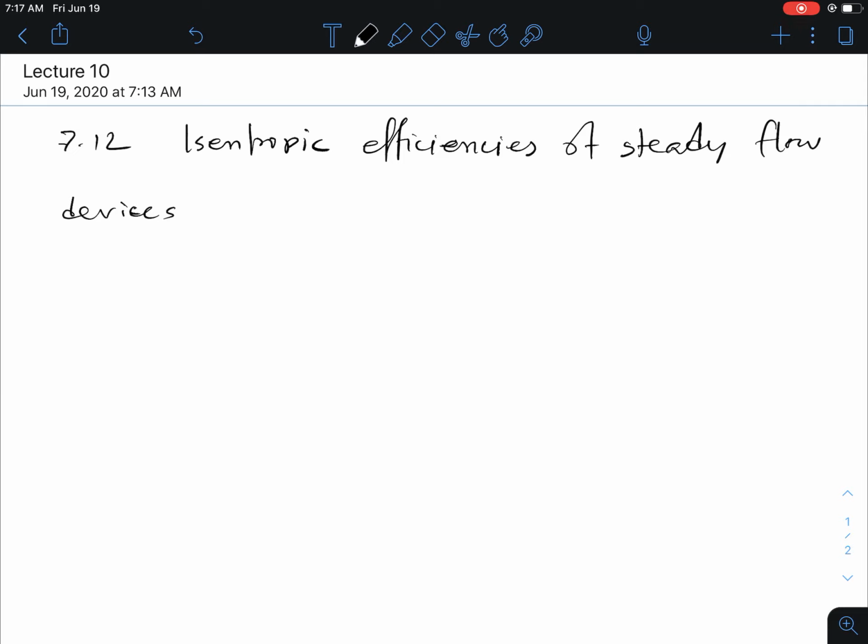The topic itself is telling us what the conditions are, right? If we have a device that has steady flow, that means a constant amount of mass flow is incoming, and a constant amount of mass flow is outgoing.